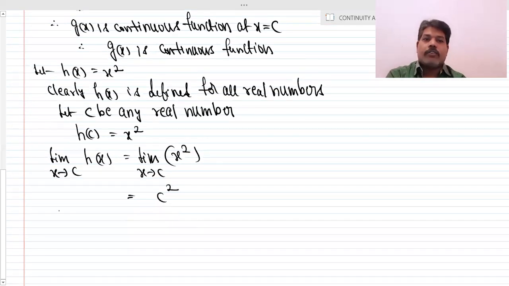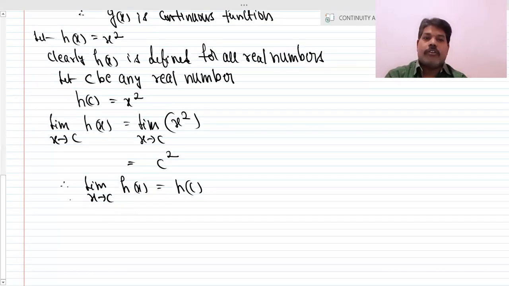So then we can conclude that the limit as x tends to c of h of x is equal to h of c.